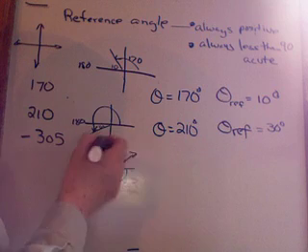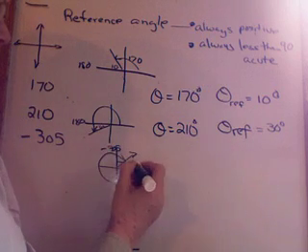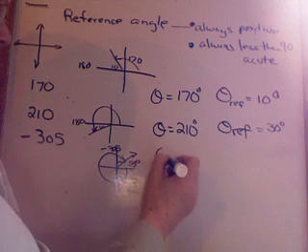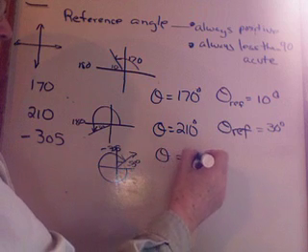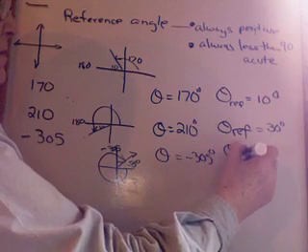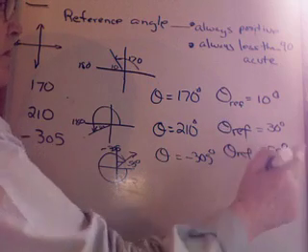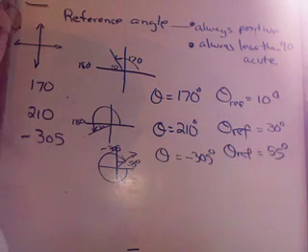So what's 360 take away 305? 55, right? So if theta equals negative 305, then theta reference equals 55, positive and acute.